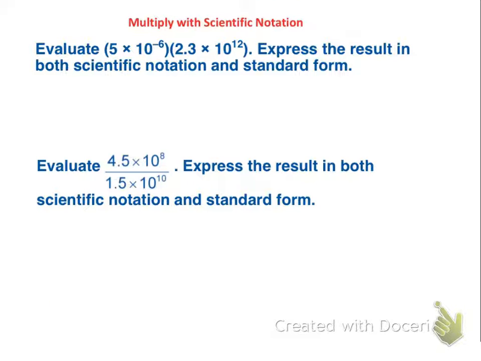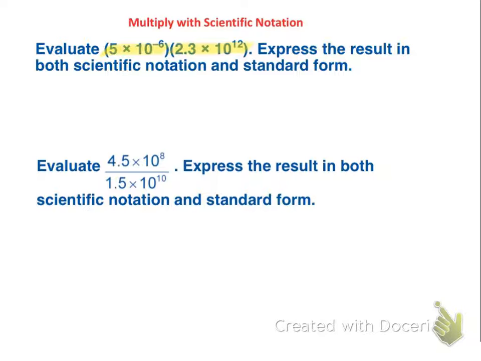Alright, so extending this concept, we want to apply the exponent rules that we've learned in the past 2 videos to scientific notation. So what I have here is 5 times 10 to the negative 6, which is scientific notation, times 2.3 times 10 to the 12.